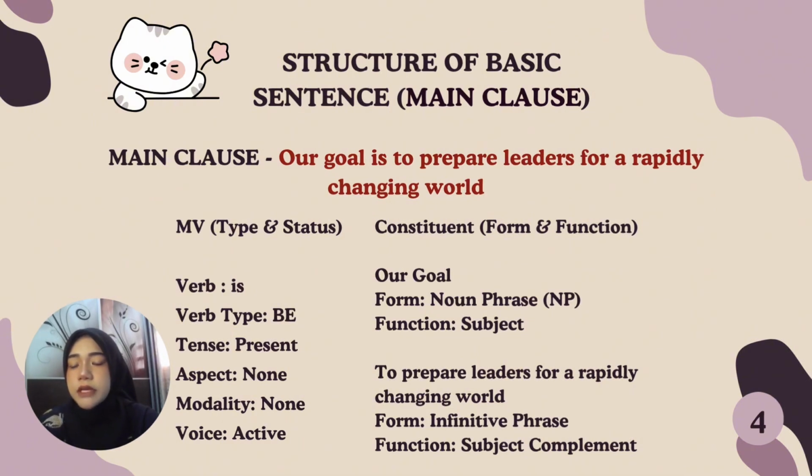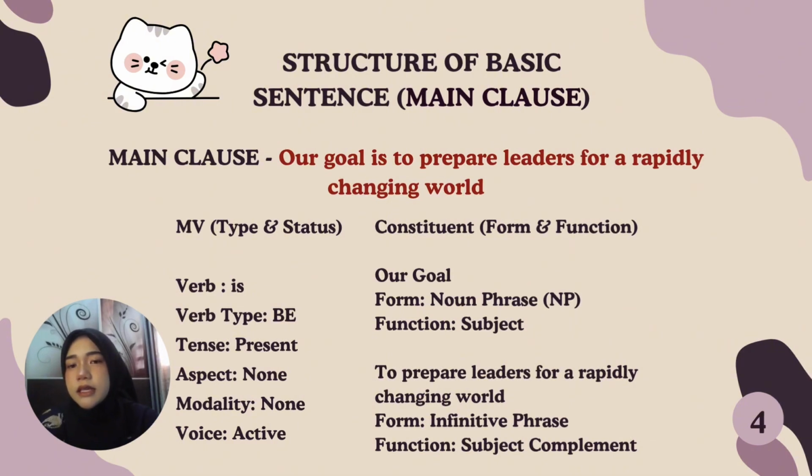So I will explain about the main verb, the verb type and status. The word is the main verb of the sentence. It is a BE verb, which means it connects the subject, our goal, with more information about it, which is to prepare leaders for a rapidly changing world. It does not show an action, but instead it shows what the subject is.